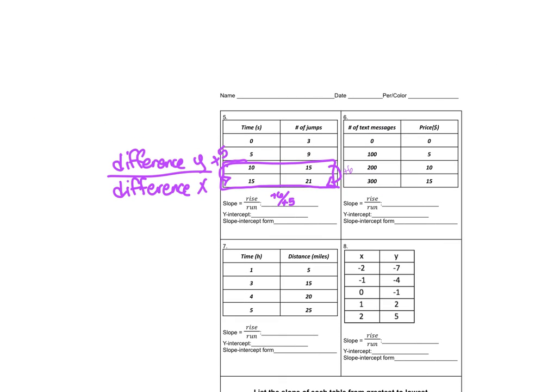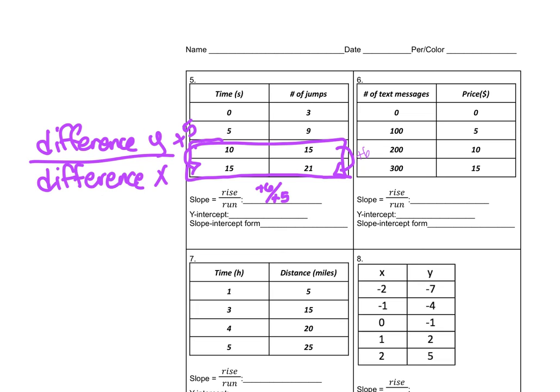Okay, our y-intercept is when x equals 0. So right here. So our y-intercept is 3. All right, so we go back to our same slope-intercept form. Y equals mx plus b.